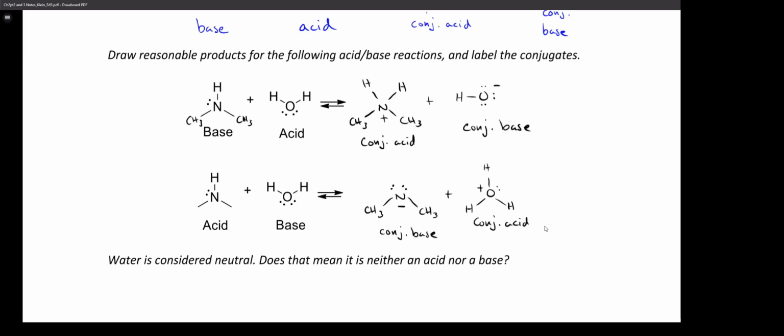In the bottom case, it's unbelievably favored to the left, on the order of 1 with 15 or 20 zeros. But that wasn't the point of the question at this point. The point was simply that you can draw both of these. And we'll worry about which way the equilibrium lies in just a moment.